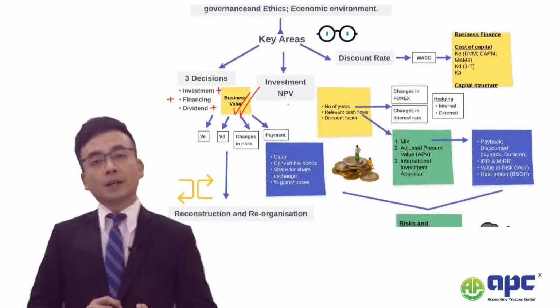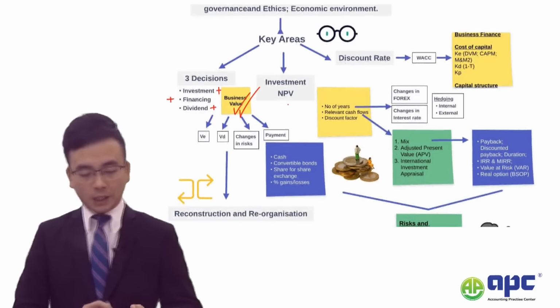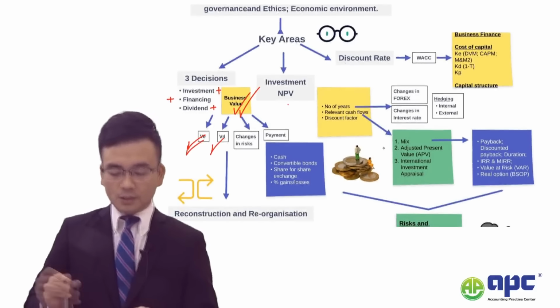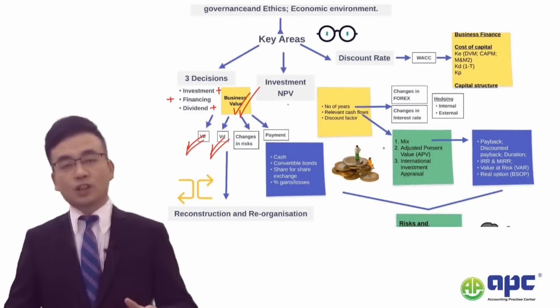So that's why the business value will include the value of equity and even subtracting the value of debt from the asset. So you can recall what we've learned from the accounting equation, which means the assets equals the liabilities plus equity. Now the equity will be the business value.